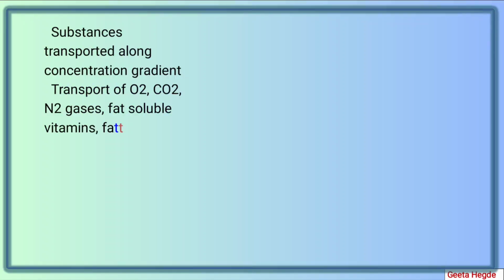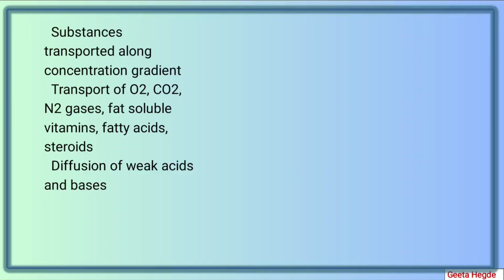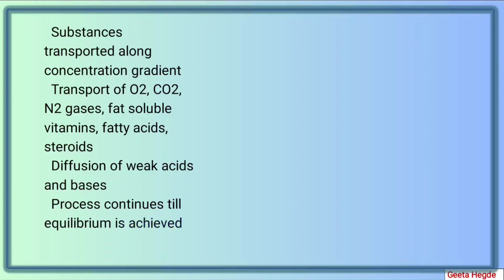Substances transported along the concentration gradient are lipid soluble substances like oxygen, carbon dioxide, nitrogen gases, fat soluble vitamins, fatty acids, steroids. Diffusion of weak acids and bases also happens by simple diffusion. The lipid bilayer is selectively permeable. It allows non-polar molecules like oxygen, carbon dioxide and small uncharged molecules to pass through more readily than polar or charged molecules.